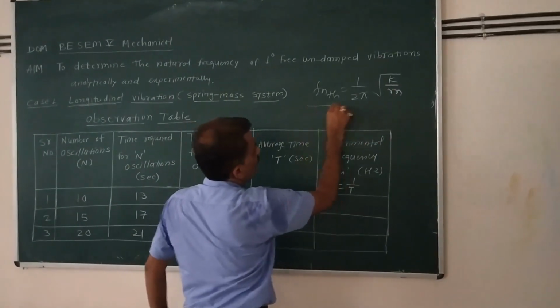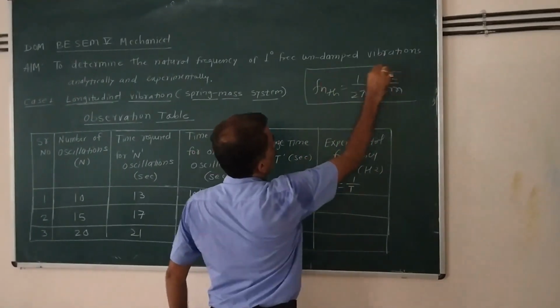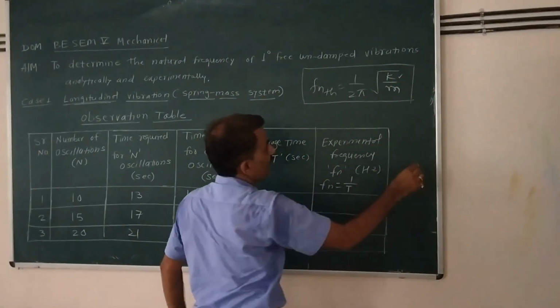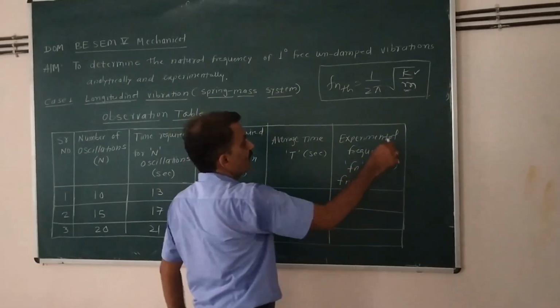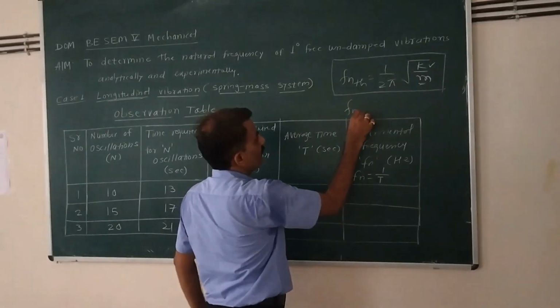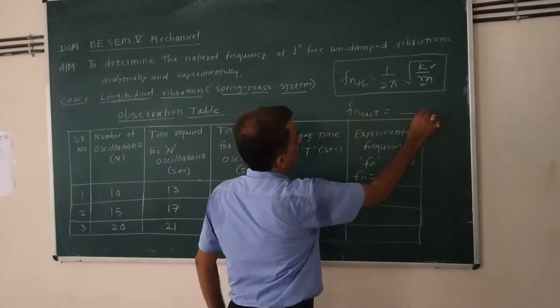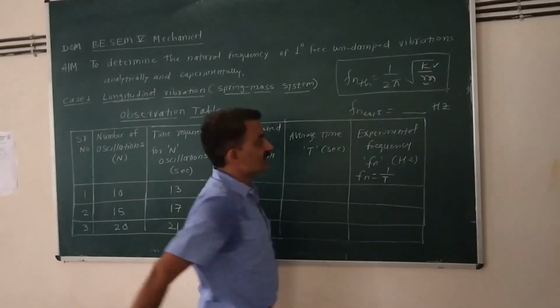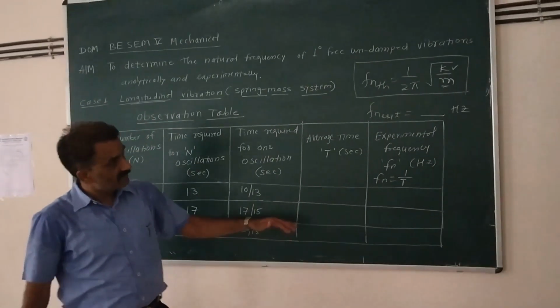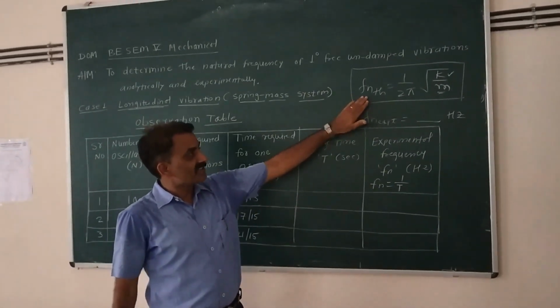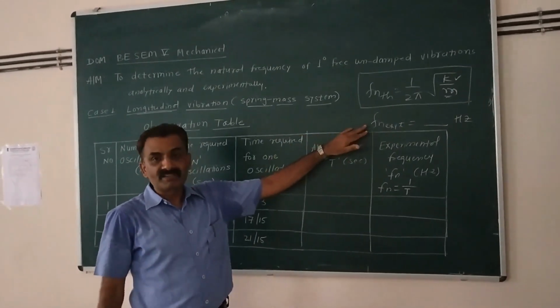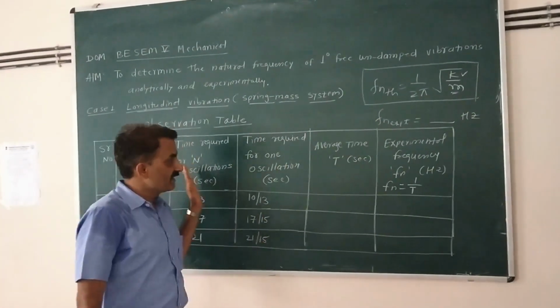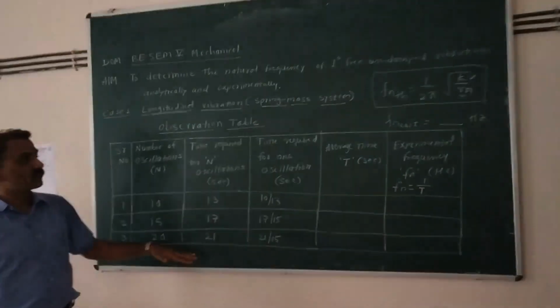This is the theoretical frequency we have calculated using the stiffness k and mass 1 kilogram, and we are calculating the experimental frequency, and we will compare these two. At the end of this experiment, you will come to know that the theoretical natural frequency and experimental natural frequency both come out the same. Finally, you have to write the result and conclude from the experiment.